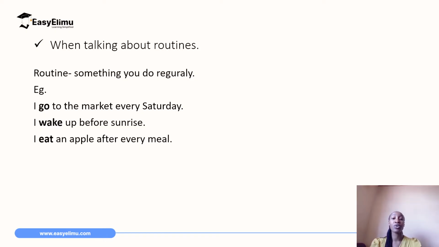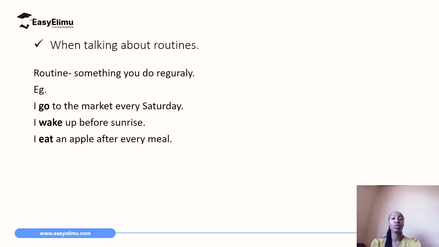That is your routine. So if you say, I go to the market every Saturday, you know that every Saturday you have to go to the market. That is your routine. So you use the simple present tense to say that. I wake up before sunrise. I eat an apple after every meal.